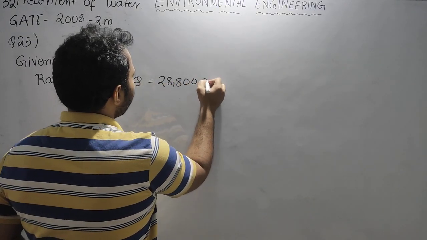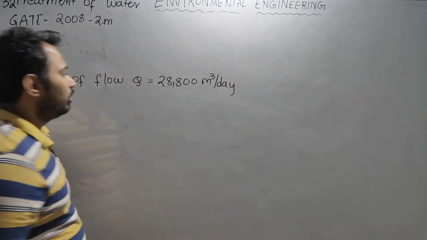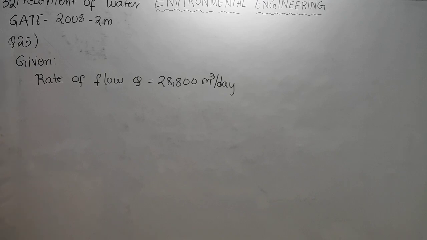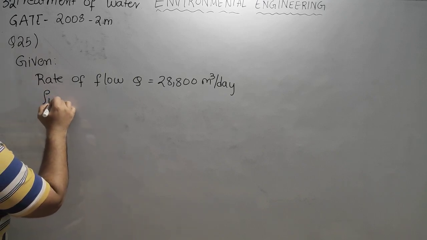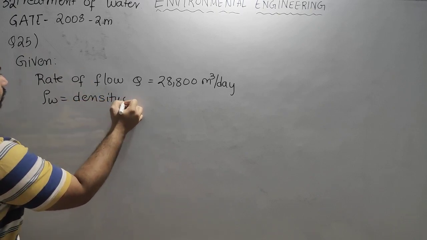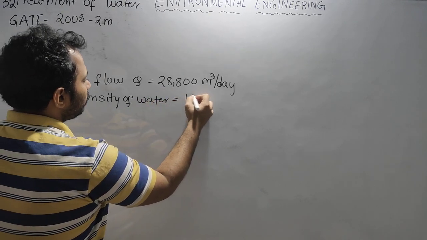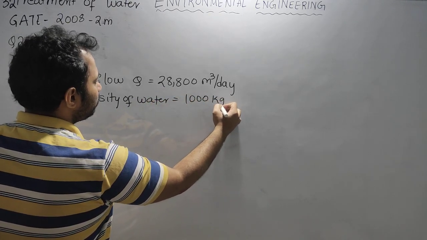And the density of water is equal to 1000 kg per meter cube.